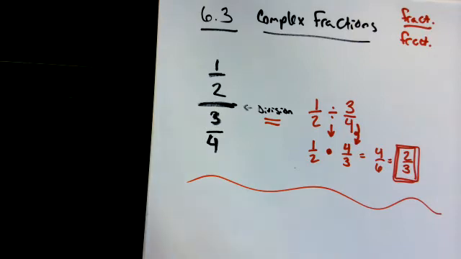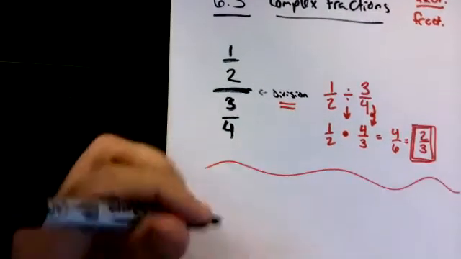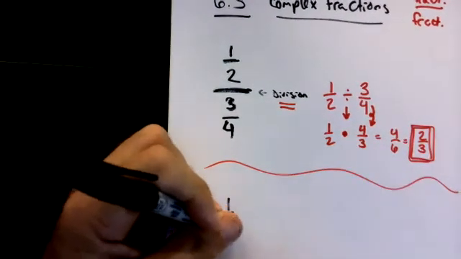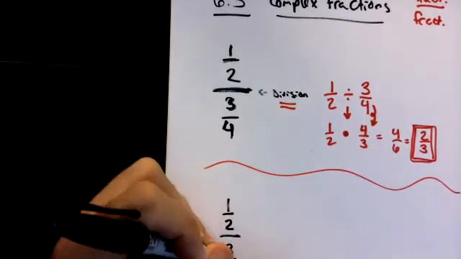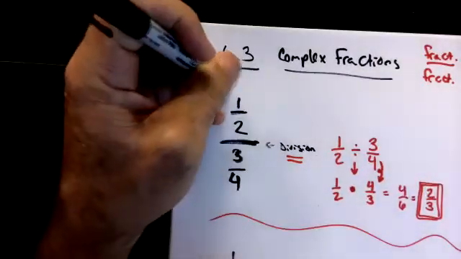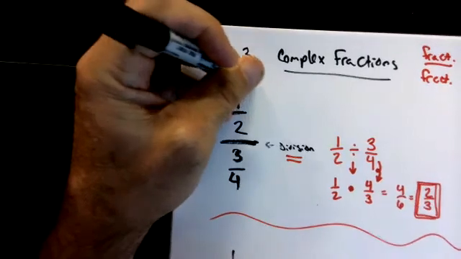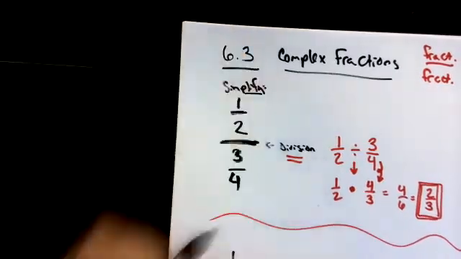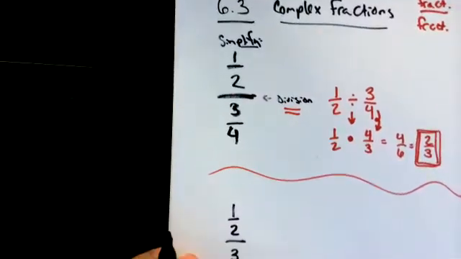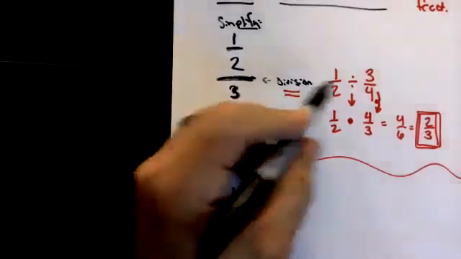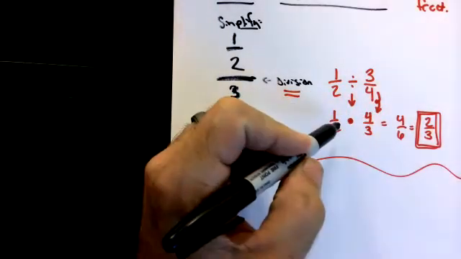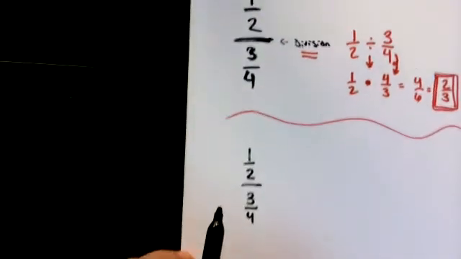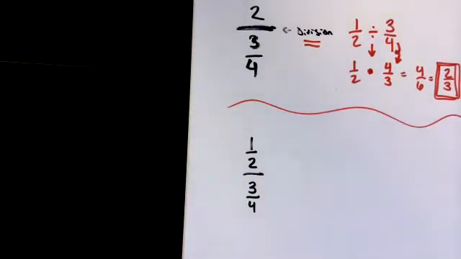And this will actually make more sense once we start throwing in X's and Y's and all kinds of nonsense, and the instructions are going to tell you to simplify this. So in the process of simplifying a complex fraction, you can do division, which is multiplying by the reciprocal, or you can do what I'm going to show you here.